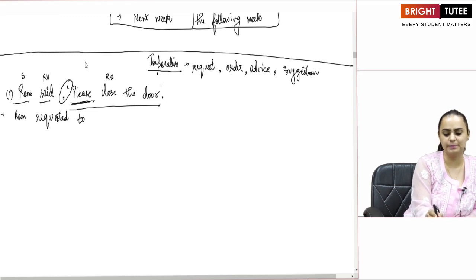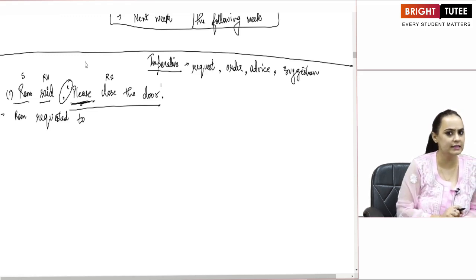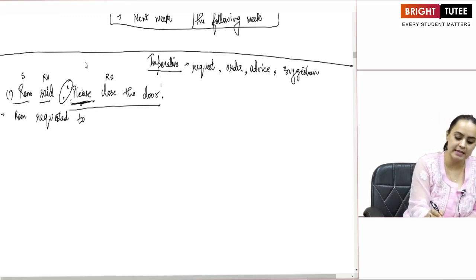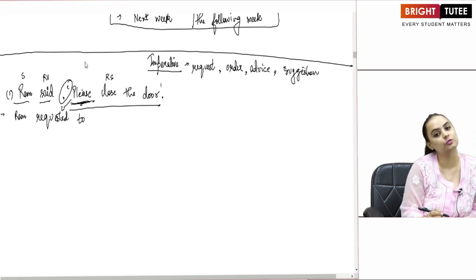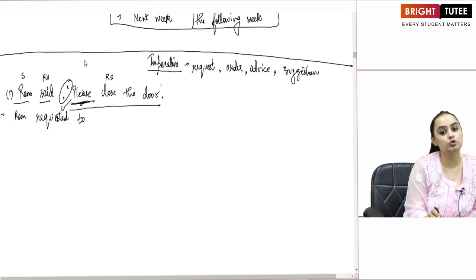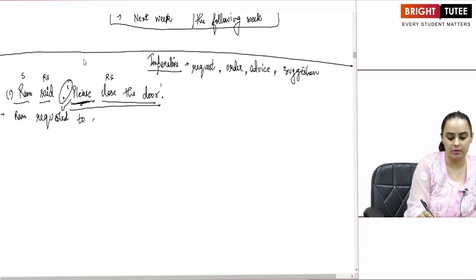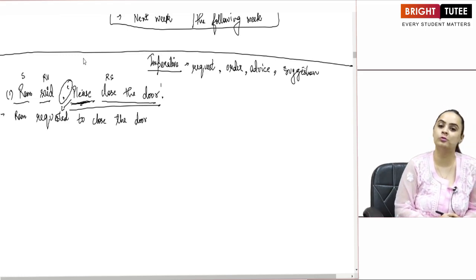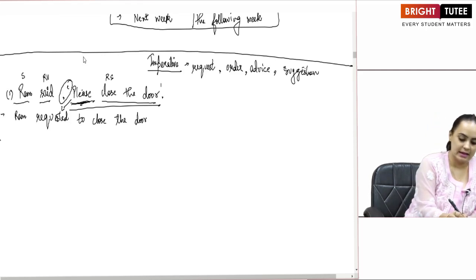Now, where did this "please" go? Why am I not using it? Because "please" has already changed to "requested." So, Ram requested to, what is my verb? Close the door. So, Ram requested to close the door. Let us talk about another sentence.